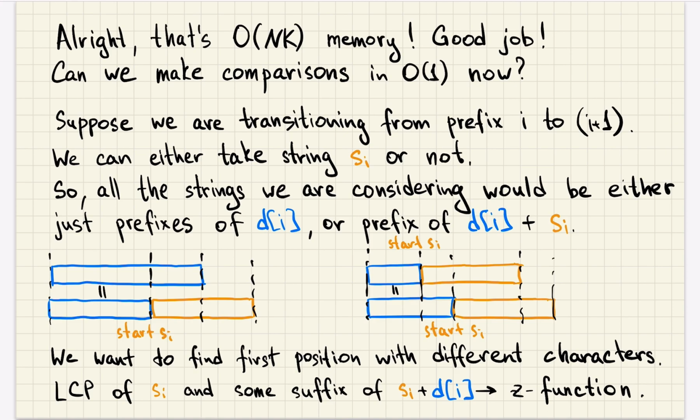That function can be calculated in linear time from length, and the length of d_i is k, and the length of s_i is at most k. So for every prefix, we need to calculate that function in linear time, then do some updates, and now we can compare strings in constant time, and thus we will be able to recalculate our dynamic programming, and we get a solution in O(nk) time and memory.